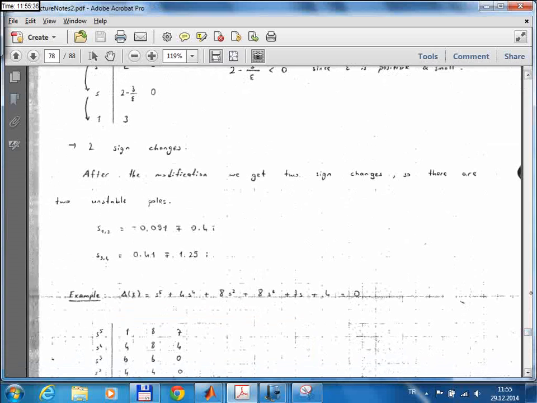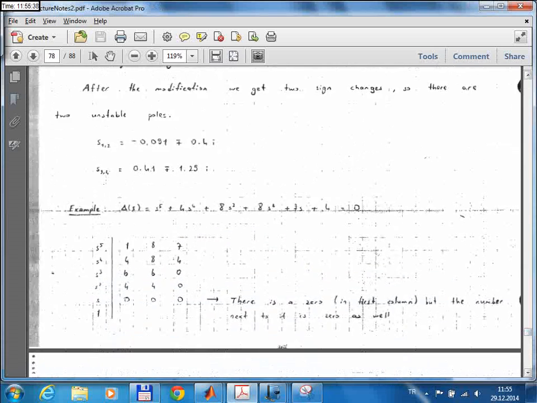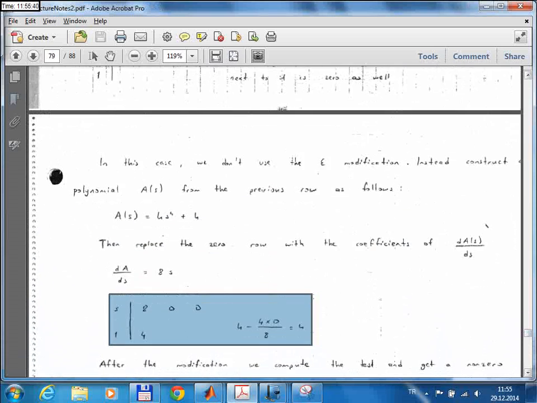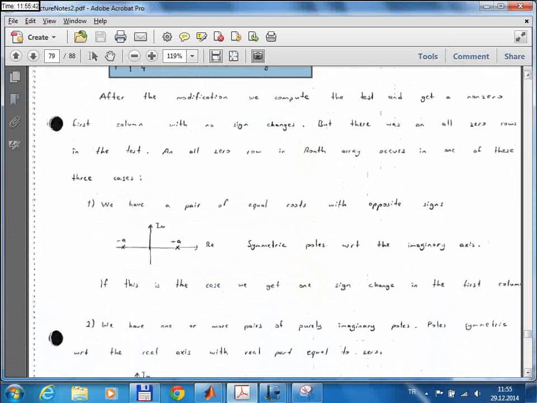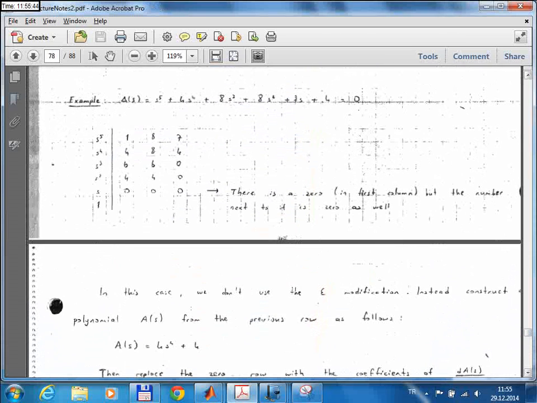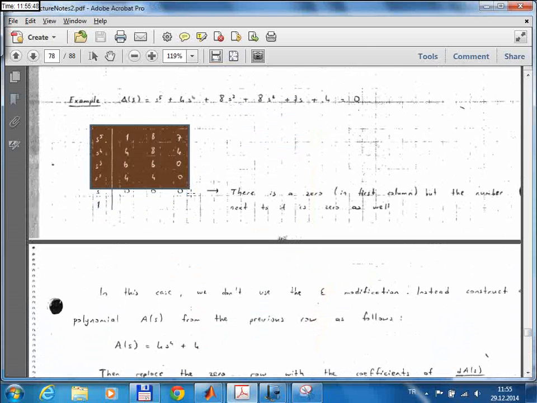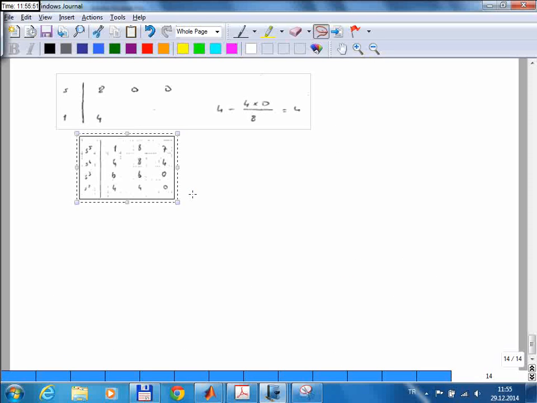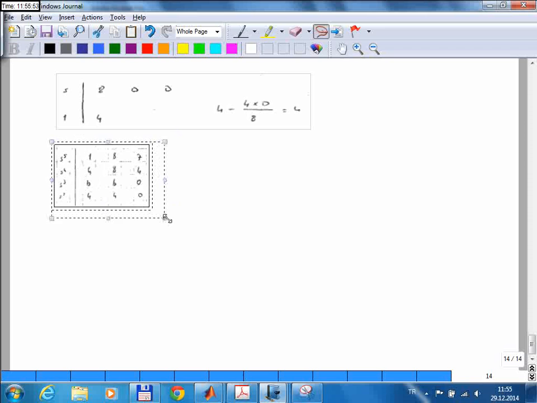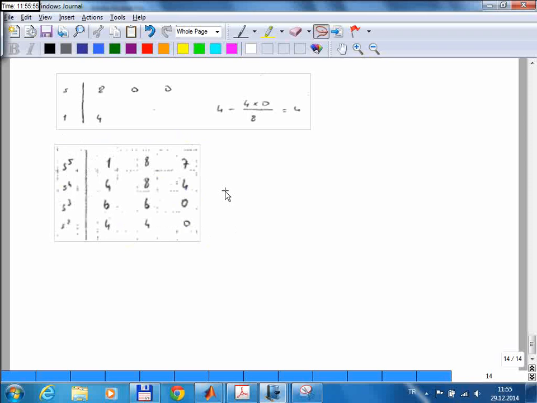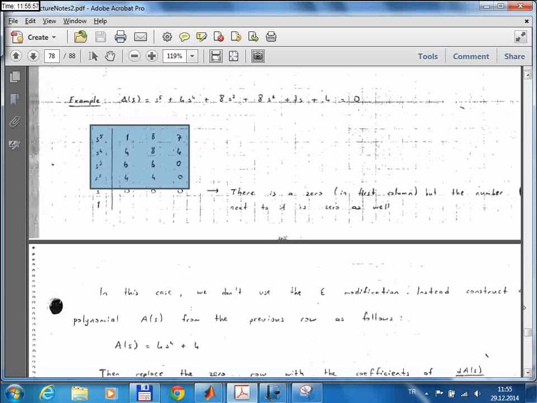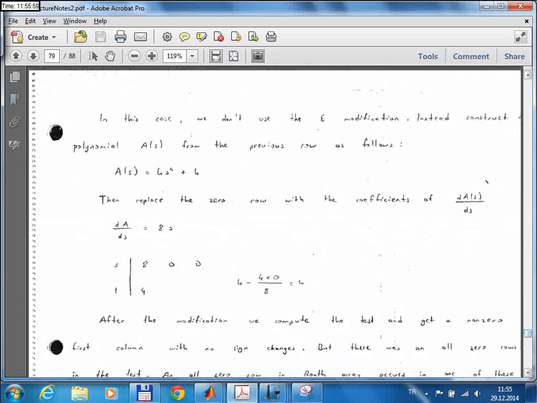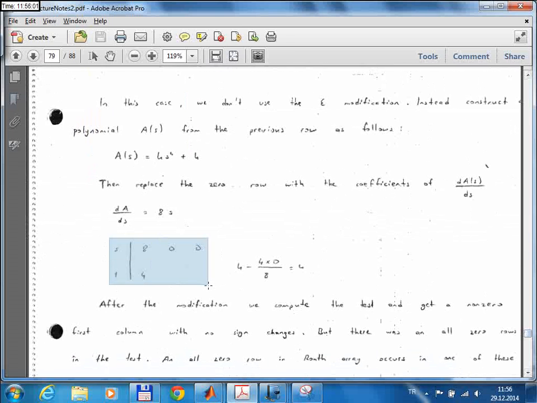So let's come back to this example. So this was our array, and then we have replaced the zero with this part.